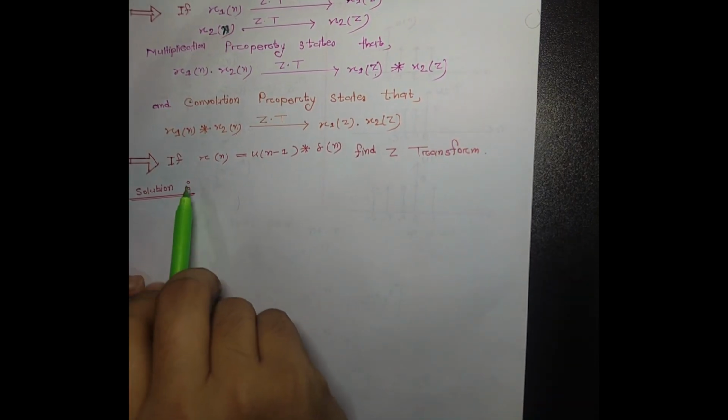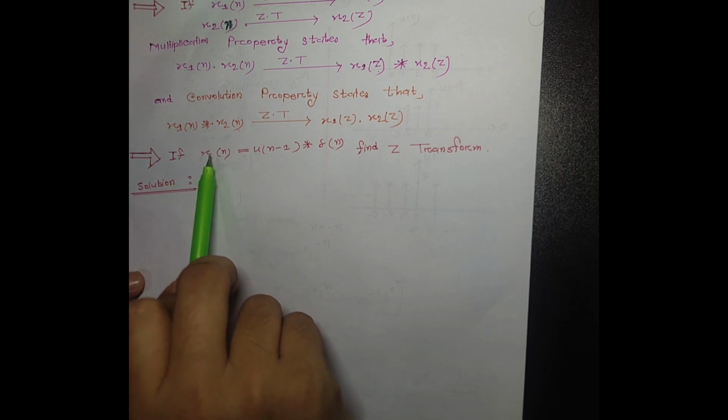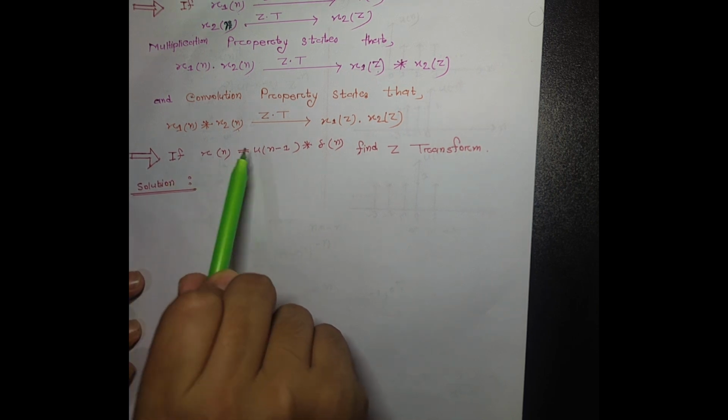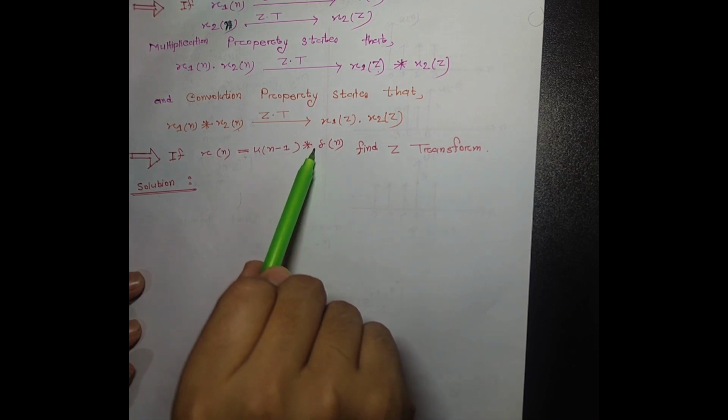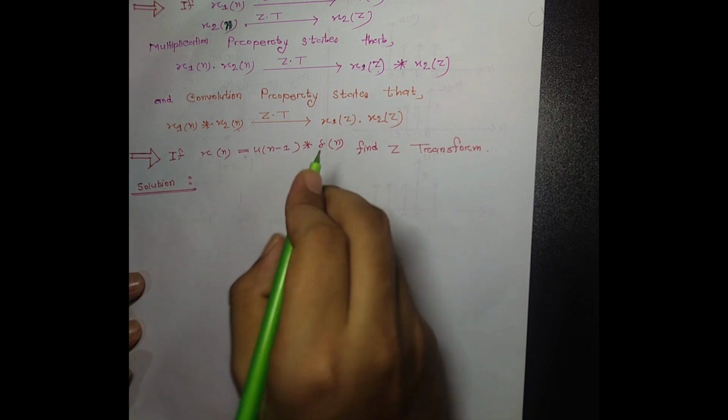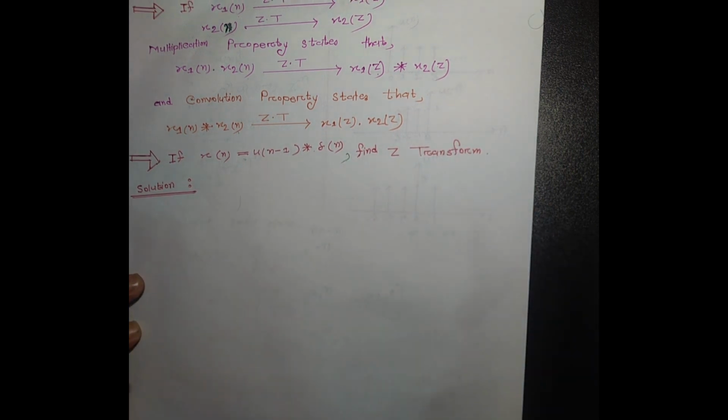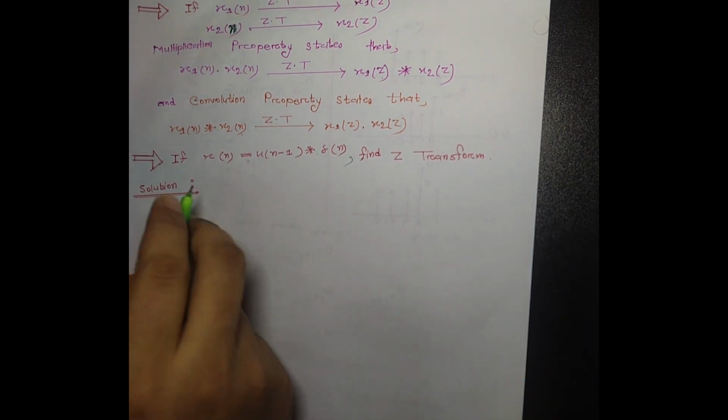Now a problem: if x n equal to u of n minus 1 convolution of delta of n, find the Z transform. Here is the solution.